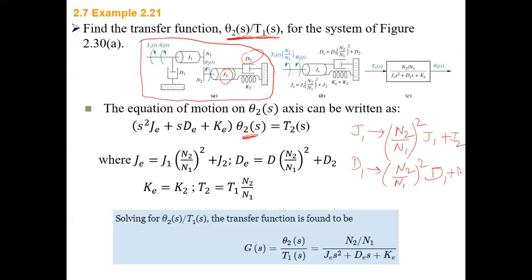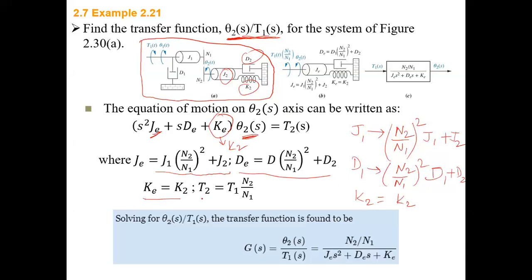That's why you have to add D2 here. Then K2. K2 is K2, right? Because there's nothing there. So KE is K2. That's what I meant. So JE is, as you saw here, J1 times N2 over N1 squared plus J2. And DE, similarly, we have DE.